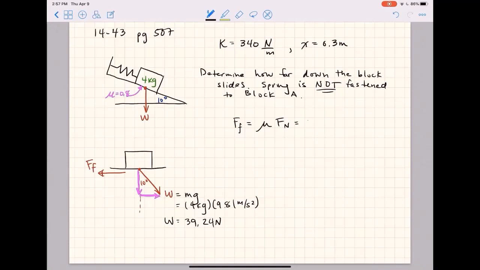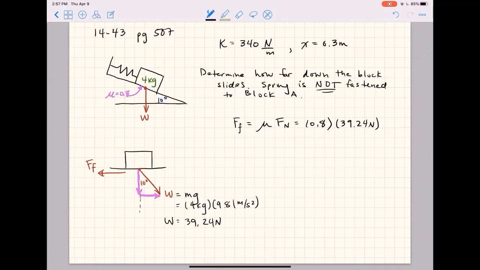So mu is equal to 0.8. And then the normal force would be 39.24 newtons times what? We want the vertical component from this, right? So, oh yeah, the normal force, okay. I was just looking at one of my answers here and I thought it was sine, that's why it confused me.